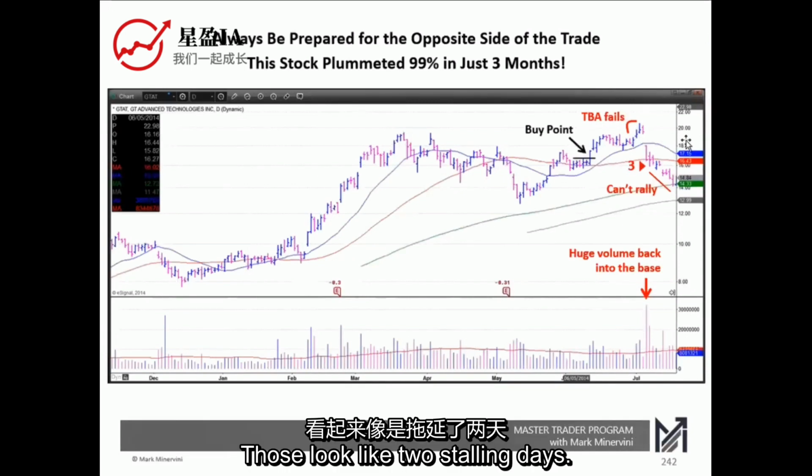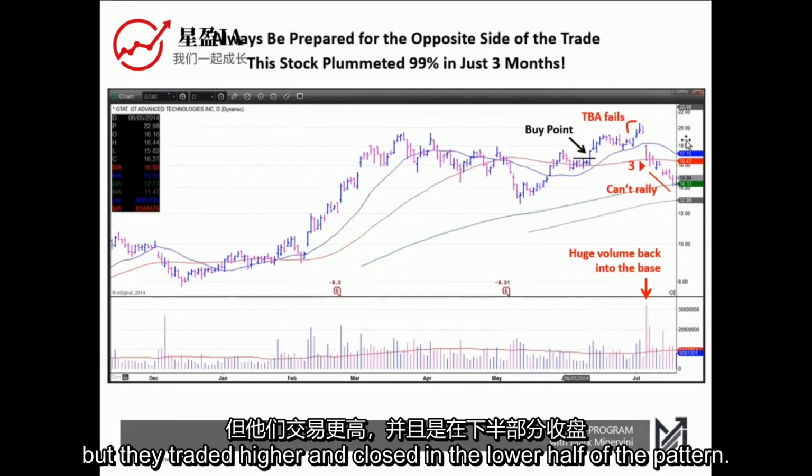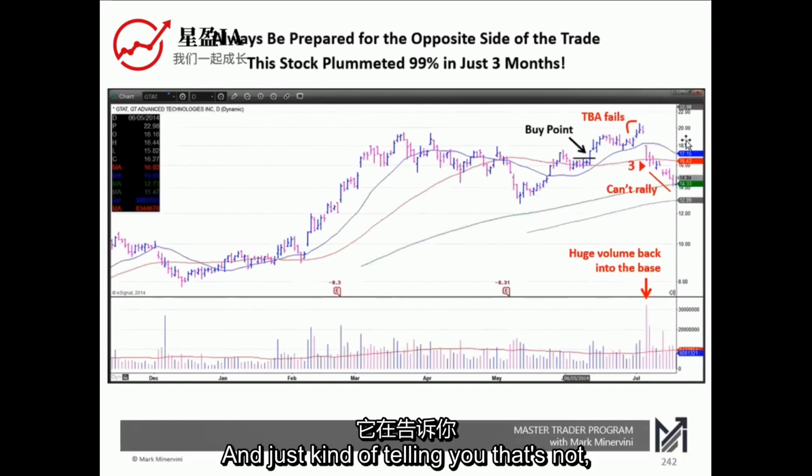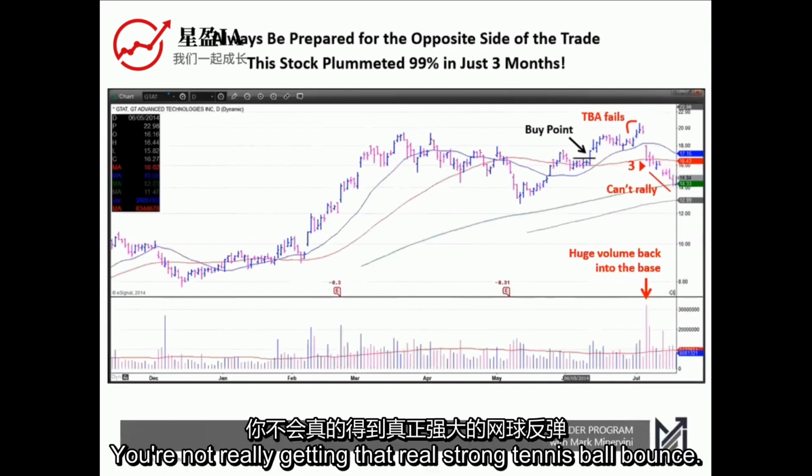Those look like 2 stalling days. Yes, they were up, but they traded higher and closed in the lower half of the range, just telling you that it didn't have enough fuel, enough power to get it going. Yeah, you're not really getting that real strong tennis ball bounce.